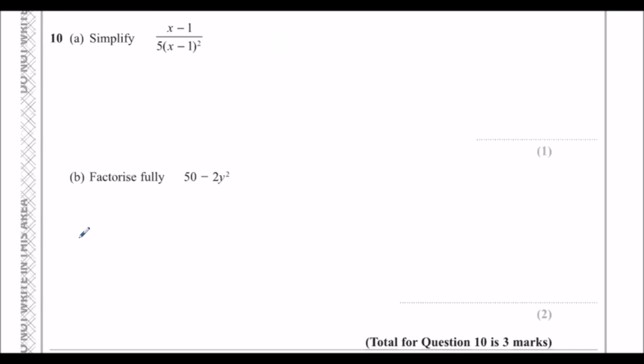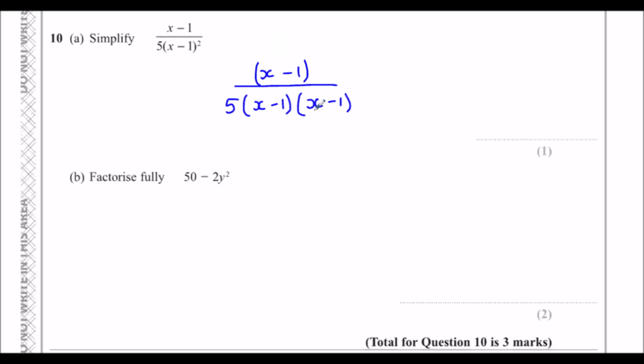Question 10a. Simplify. So we've got an algebraic fraction. So we've got x minus 1 on top. And we've got 5 times x minus 1 squared, which is x minus 1 times x minus 1 on the bottom.